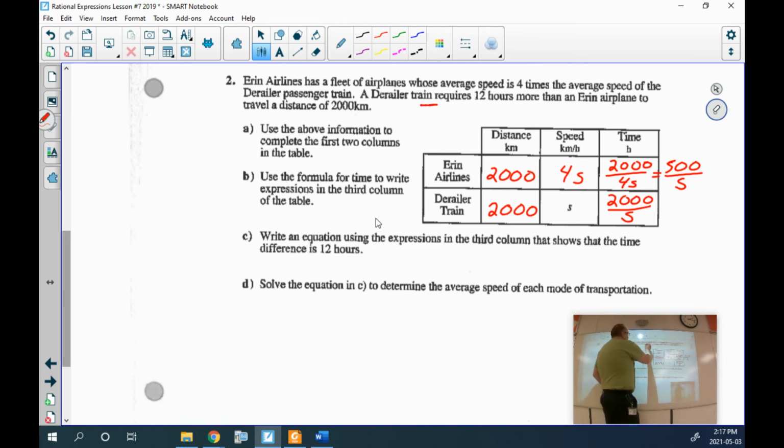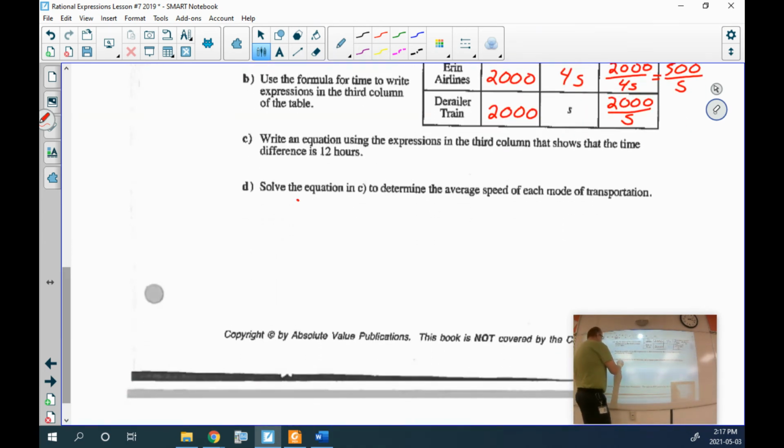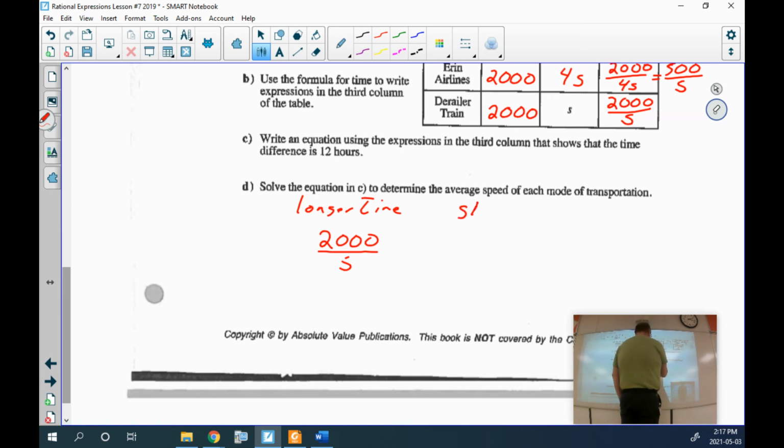A train takes 12 hours more than the airplane to travel that distance. Okay, so we have the slower train is going to take a longer time. So that slower train is 2,000 over S. The shorter time is 500 over S. Now we've got to figure out where we put the 12 hours.